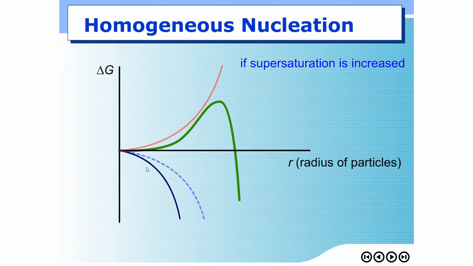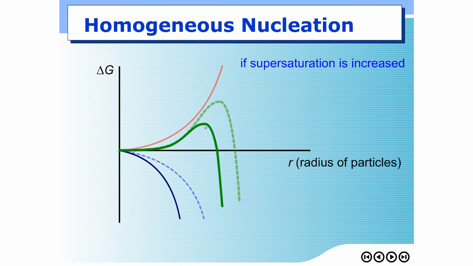So when you add this solid blue line to the red line, you see that the green line will be affected by supersaturation level. The higher the supersaturation level, the more the green line shifts to the left-hand side. That means this peak would shift to the left-hand side. You should also see that when the green line shifts to the left-hand side, the critical size becomes smaller, right?